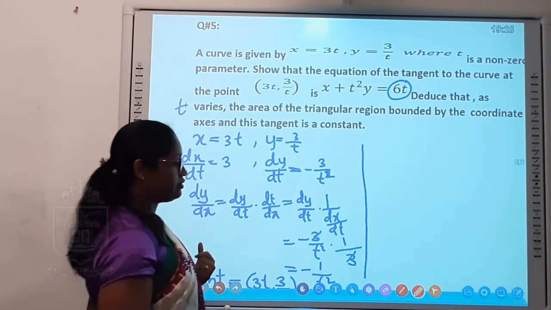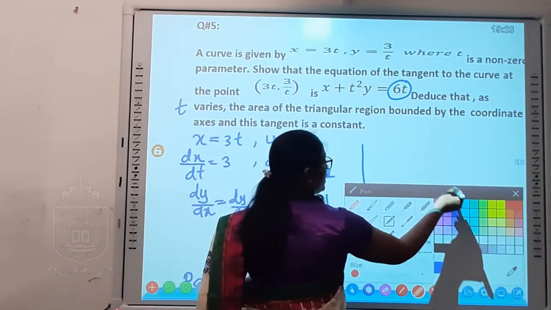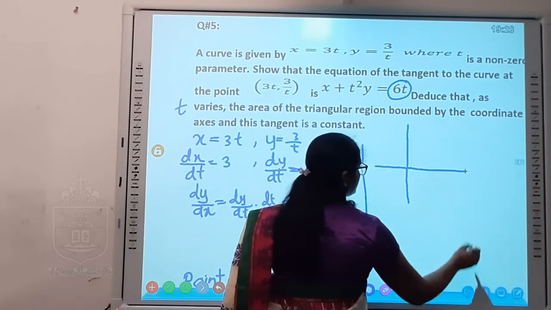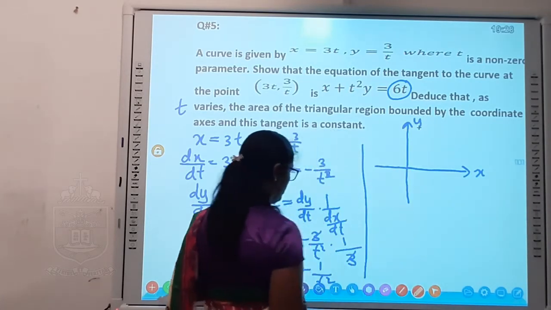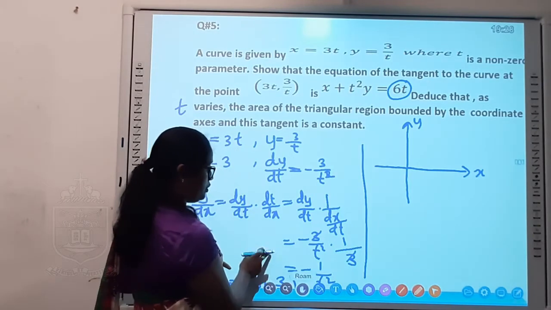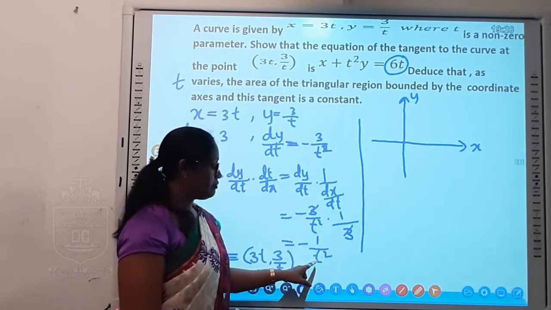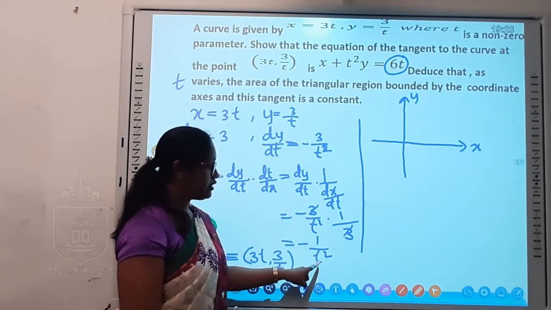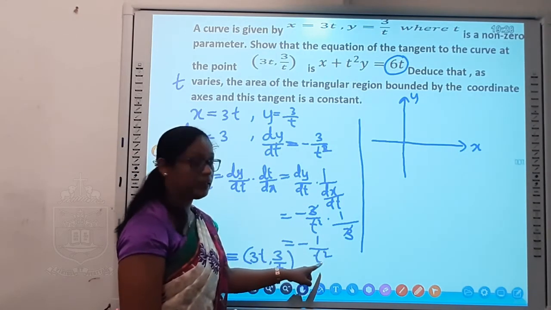So if I draw that, to have an understanding, if this is the y-axis and this is the x-axis, now in here, if you look at the gradient of the tangent, you can see t has been squared, that means obviously the denominator is positive, but there is a minus, that means the gradient is minus.